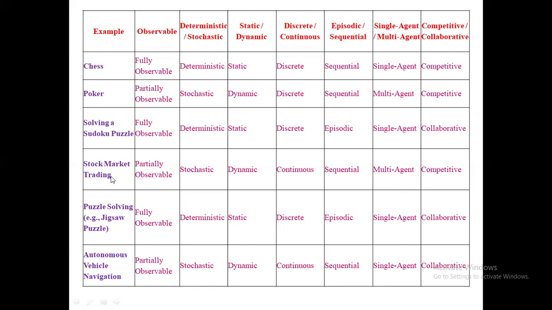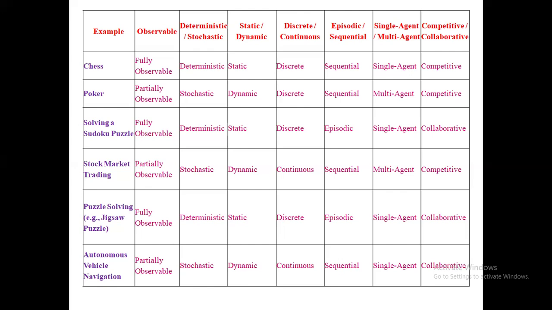The next example we are going to see is stock market trading. The stock market is a partially observable environment where agents cannot access complete information about all market factors. It is stochastic due to the inherent randomness in market fluctuations and dynamic because the environment evolves continuously with new trades and external influences.